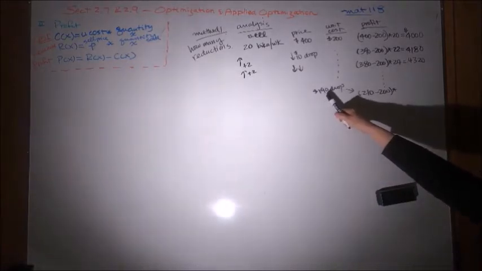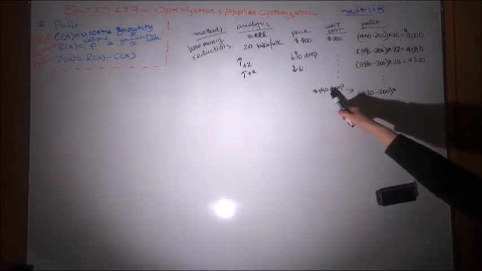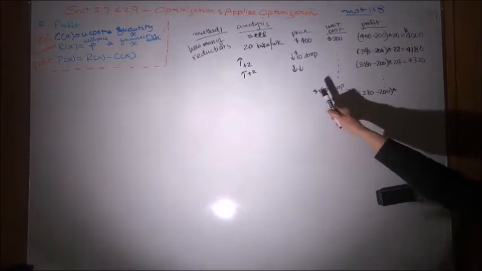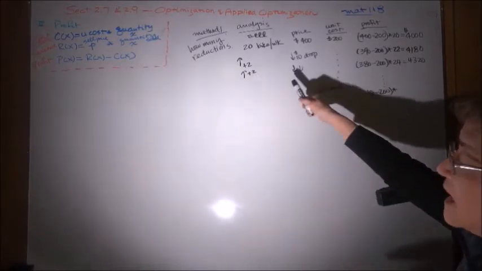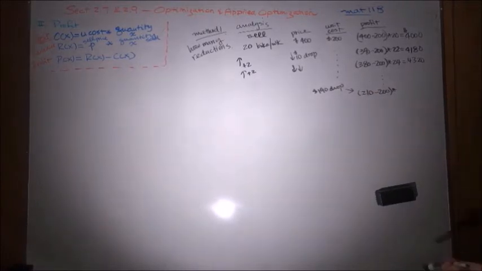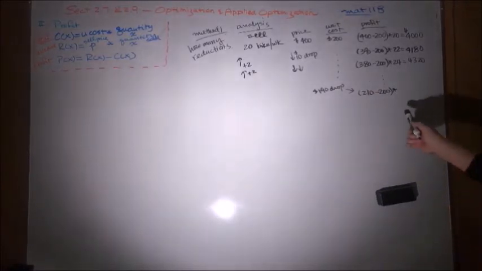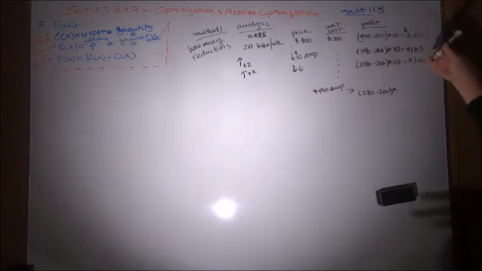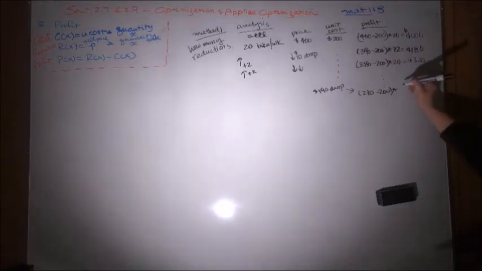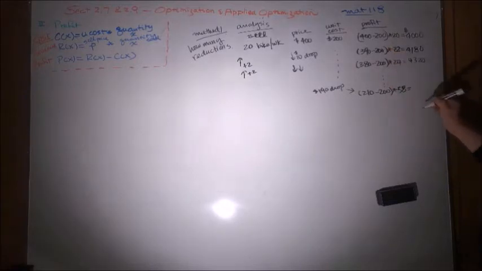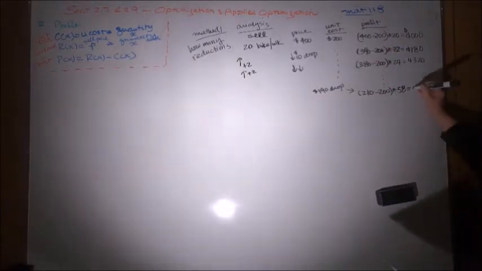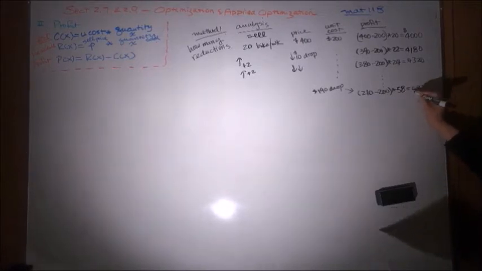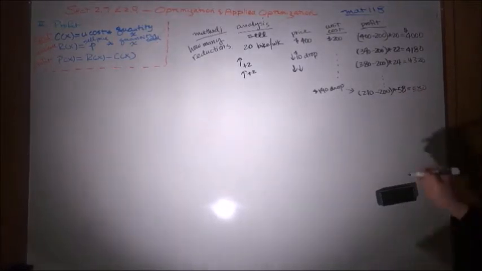Plus the original 20 bicycles, so you will sell 58 bicycles. Then you only make $10 each, so profit is only $580, right?